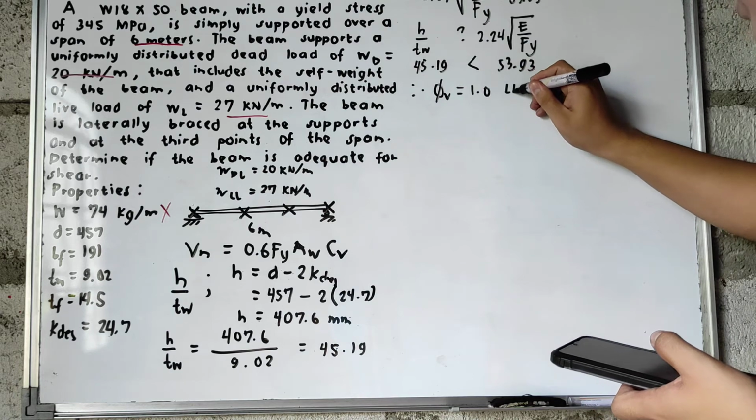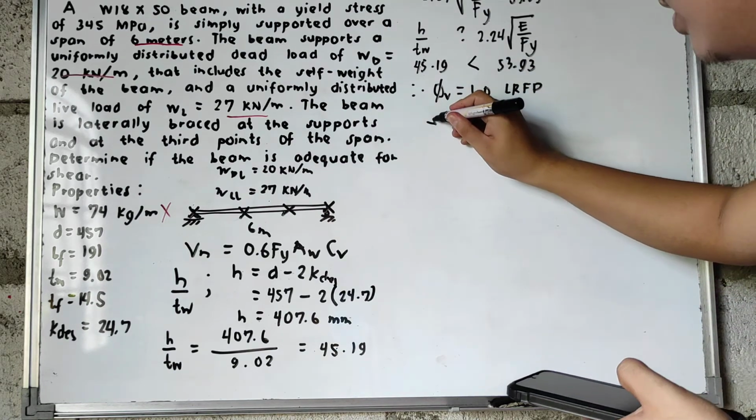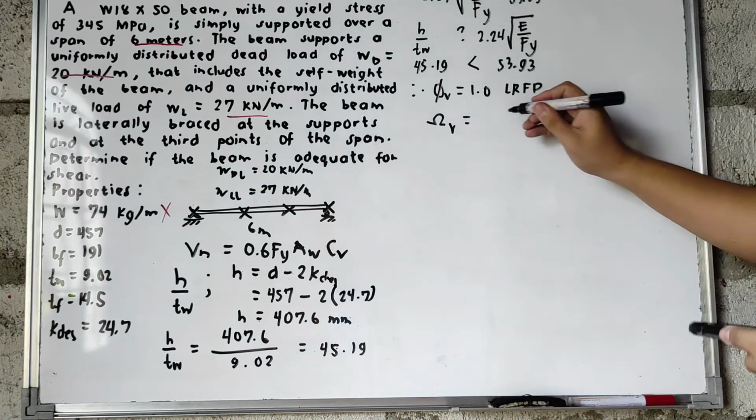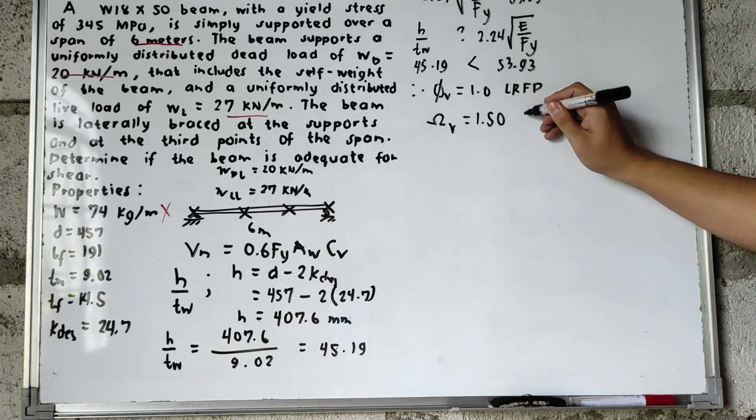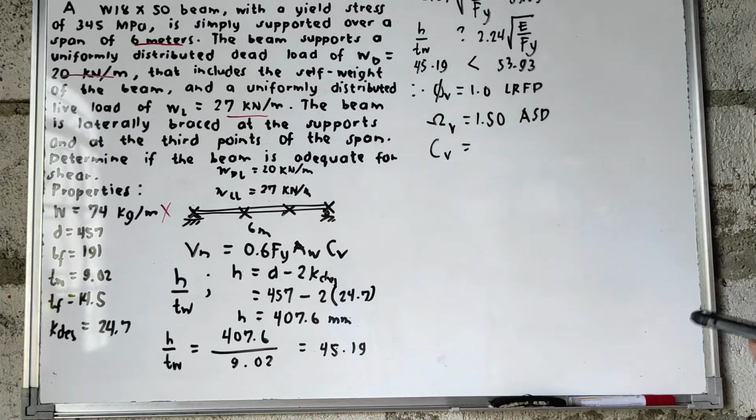So this is for LRFD. And the value of your safety factor sa shear, that is equal to 1.5 under ASD. And the value of your Cv, or yung web shear coefficient natin, that is equal to 1.0.